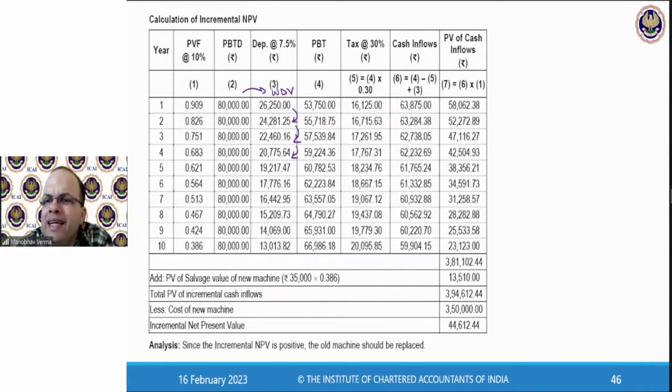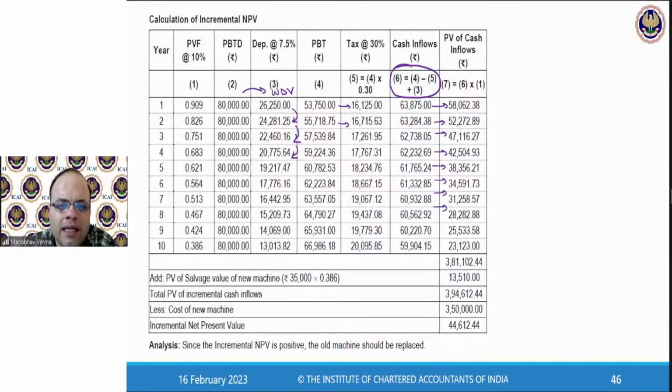So what I'm doing is 80,000 minus depreciation gives you profit before tax. Then you reduce the tax and then add back the depreciation here. We multiply these amounts with the respective present value factors for 10%.